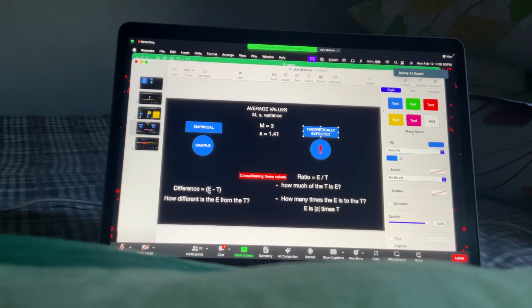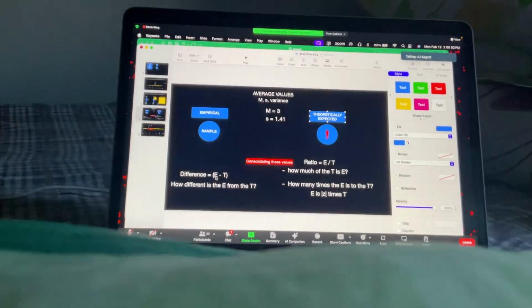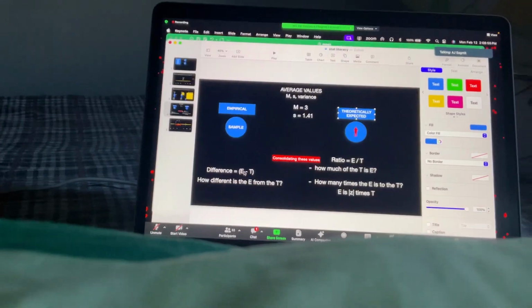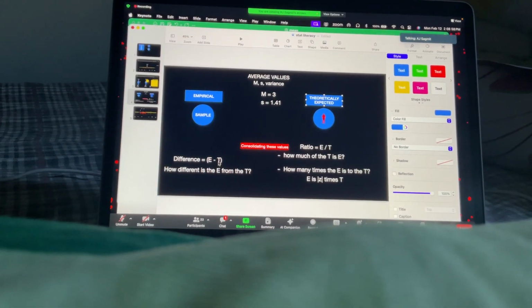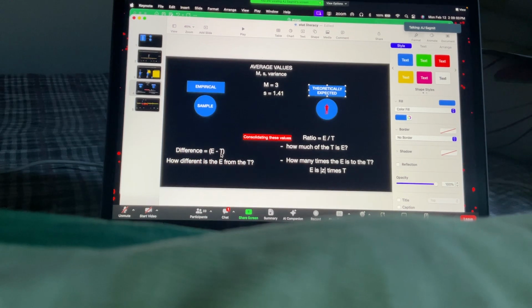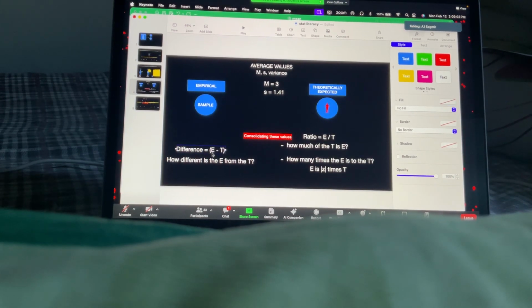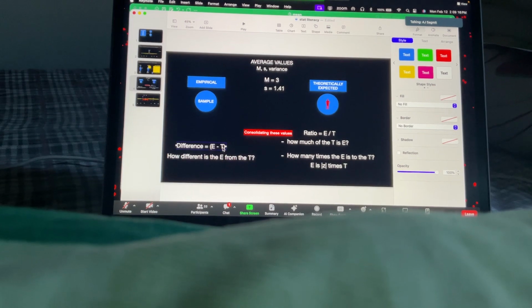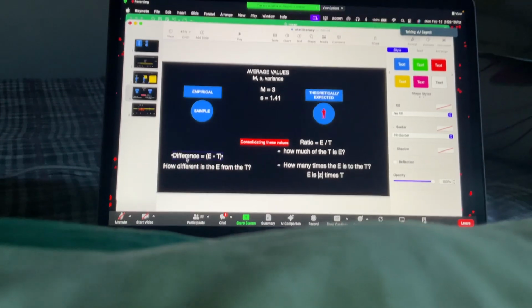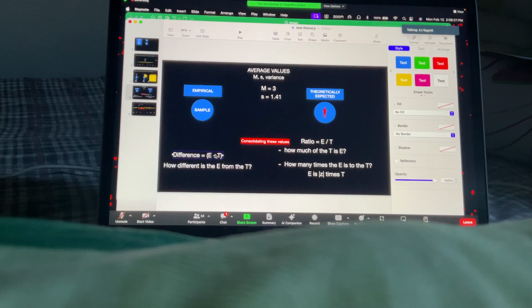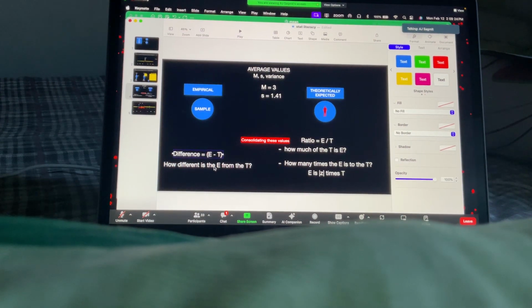So you're actually saying how different is the actual value of a person from the theoretically expected value. Kumbaga, in our formula, that's x minus mean, mean being the true score, the expected score. So how different is the actual score of Mike from the expected score of 3? That captured the deviation from the mean. So this formula captures how different the empirical is from the theoretical.